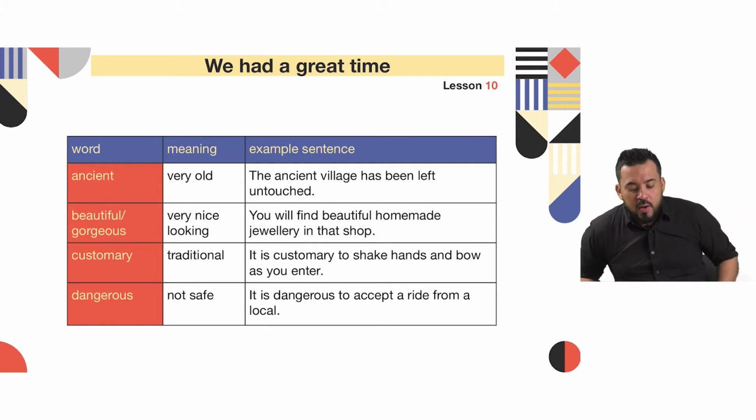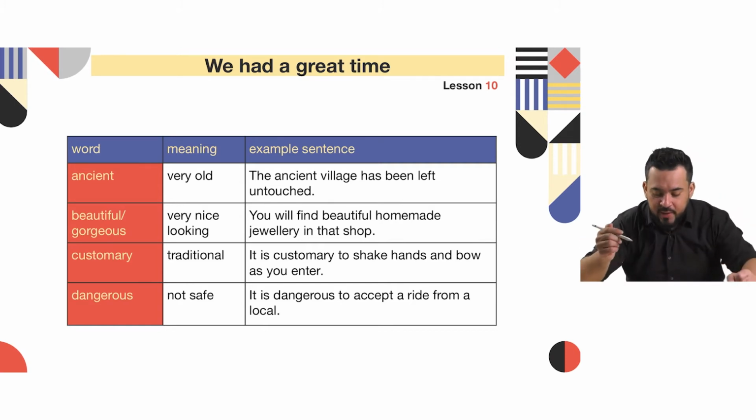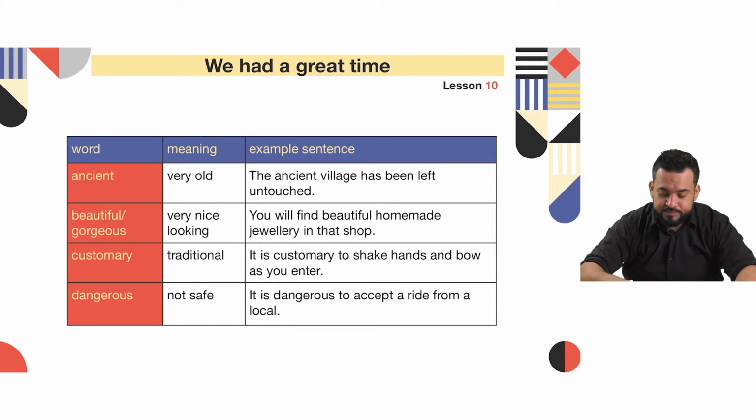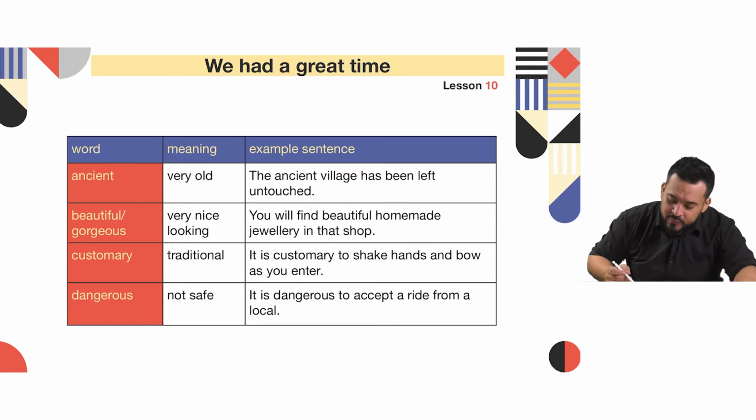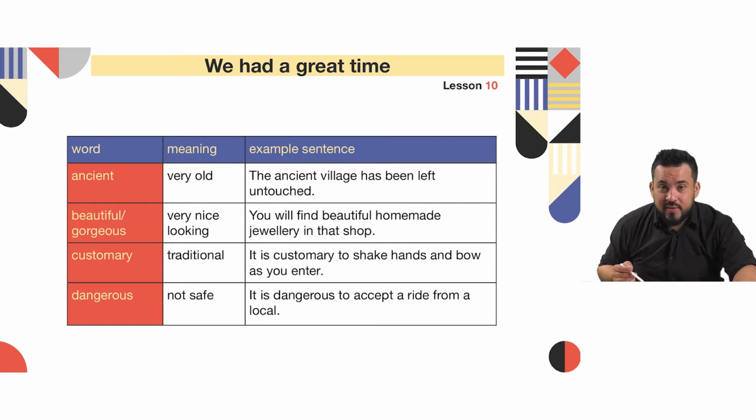Okay, so let's talk about some vocabularies related to tourism. We have ancient, that means very old. Ancient village or ancient city. Beautiful, gorgeous, it means very nice looking. You will find beautiful homemade jewelry in that shop.